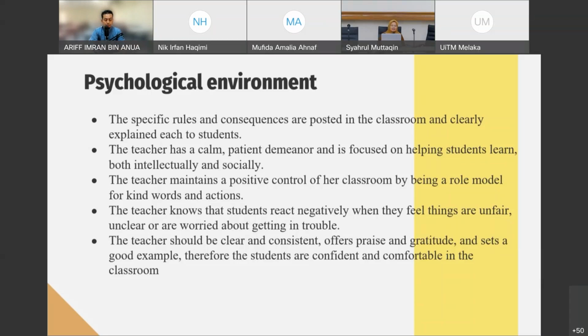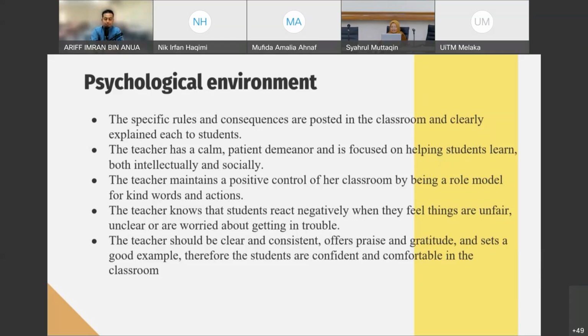The teacher has a calm and passionate demeanor and focuses on helping students learn both intellectually and socially. The teacher also maintains positive control of her classroom by being a role model for kind words and actions.